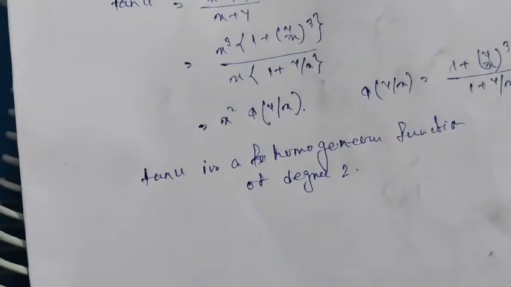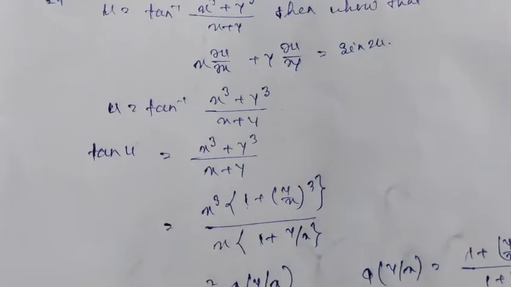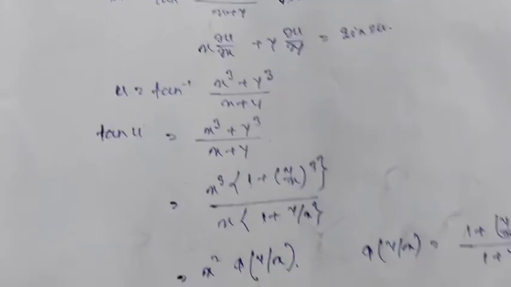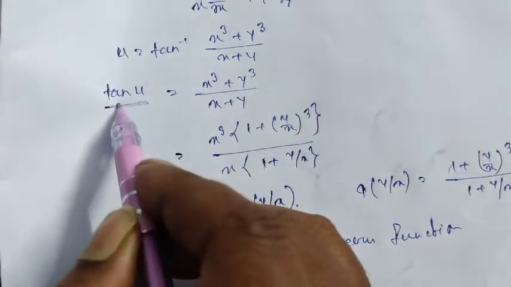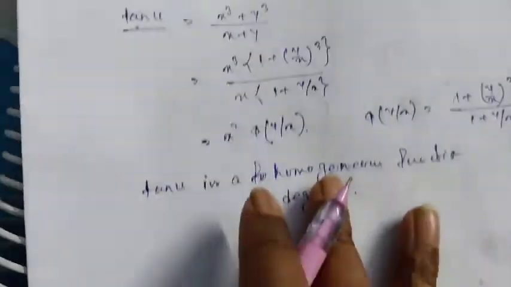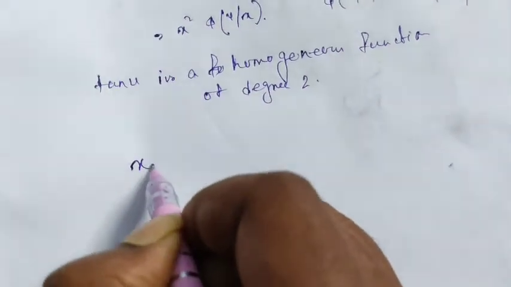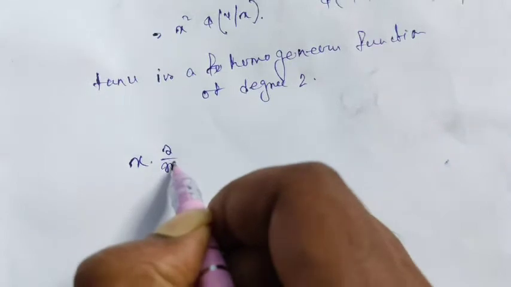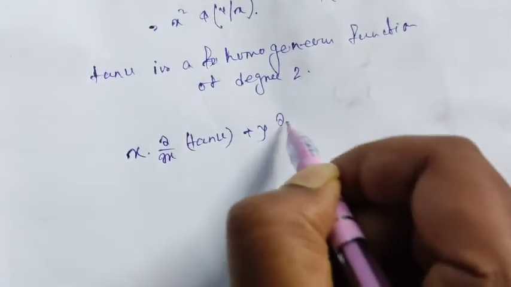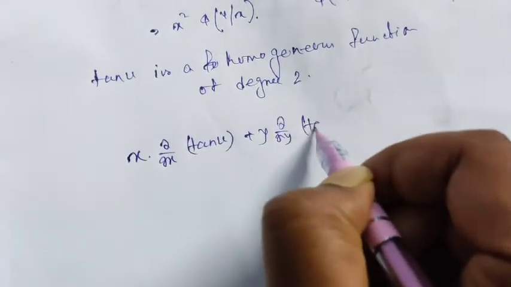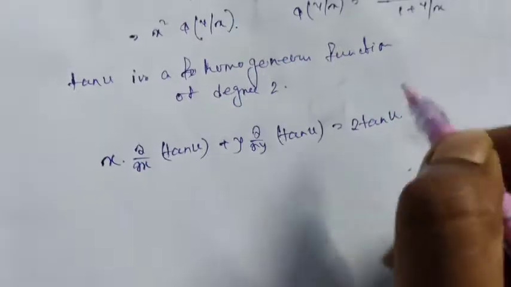So now we have to prove that x del u del x plus y del u del y is equal to sine 2u. Here tan u plays the role of f. From the statement of Euler's theorem, we can write x del del x of tan u plus y del del y of tan u is equal to 2 tan u.